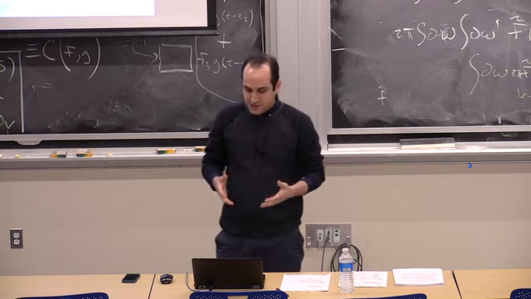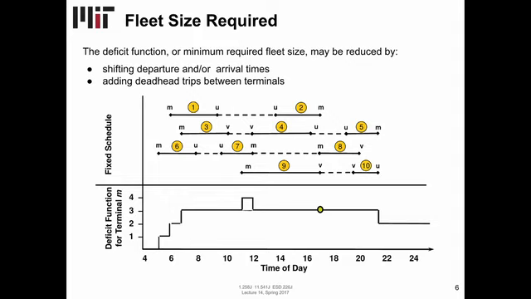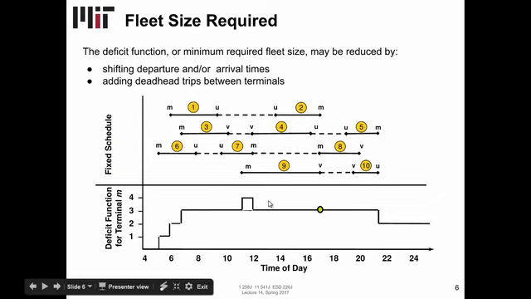One of the tricks would be shifting the departures or arrivals a little bit so we accommodate more trips, reducing the number of vehicles that are required. For example, in this case, the deficit part that actually gets to level 4 is the result of trip 9 being scheduled at around 11:15 or so.